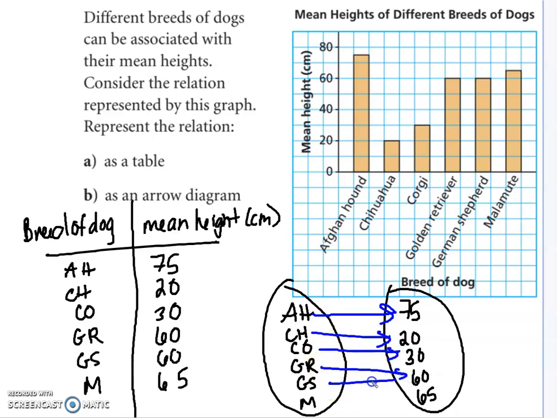In the last problem, I chose to use arrows that are different colors. That's not necessary. I just like to be able to differentiate sometimes when there's lots of overlapping arrows. So I'm going to write that my arrow means a mean height of, because I can say this animal has a mean height of 75.